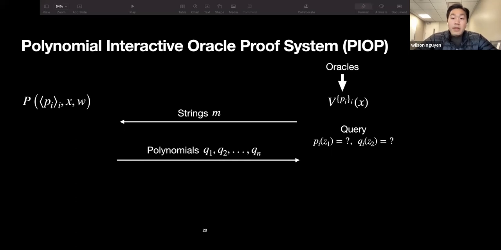And the verifier is able to query any of the oracle polynomials originally sent, which are the PIs, and also any oracle polynomial that the prover sends during the interaction. It's able to query at any point and get back these answers. And this goes on for some amount of rounds, and then the verifier outputs some decision bit about whether x and w are in a particular relation.